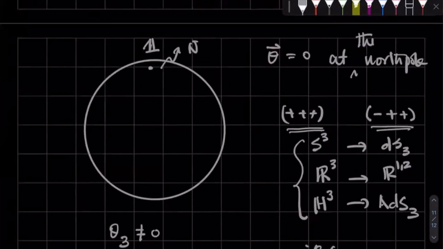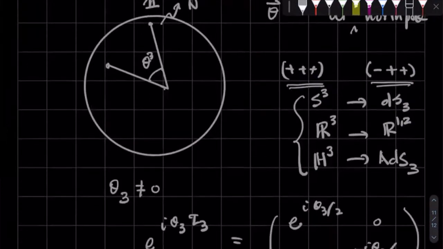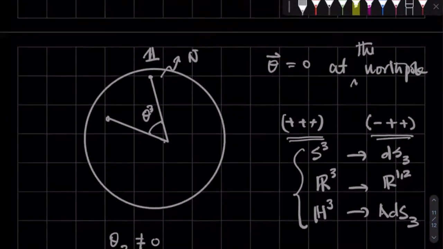So theta 3 would be some angle subtended at the center, and then this element would be represented by the end of this arc.